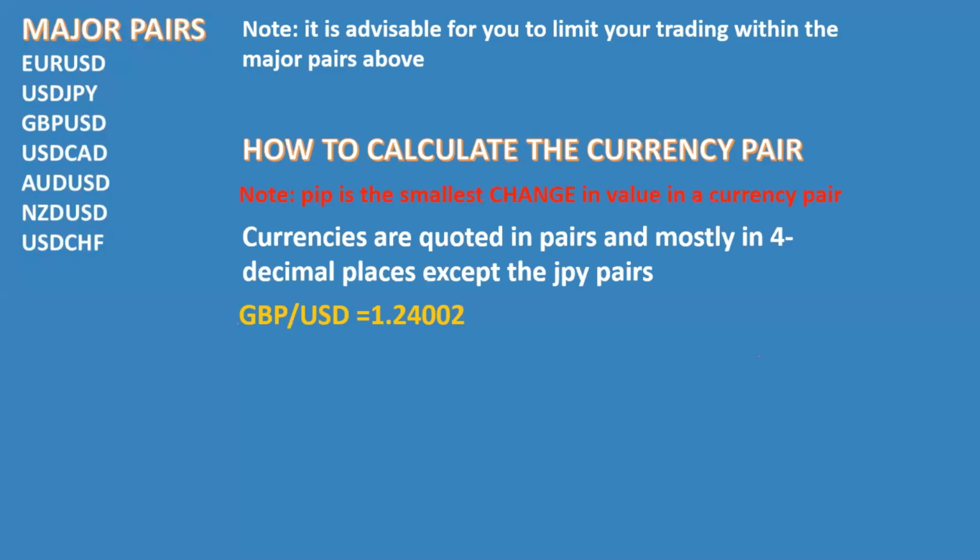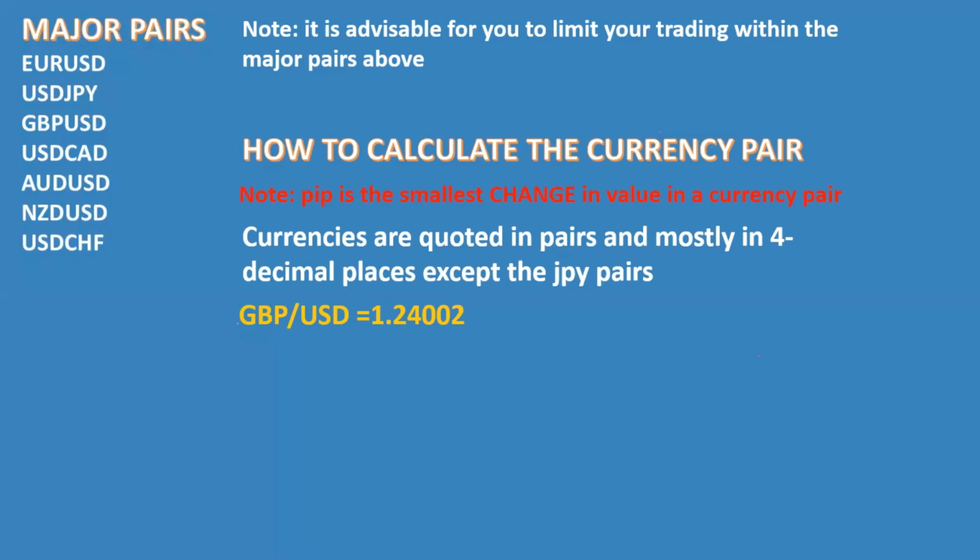What do I mean by currencies are quoted in pairs and mostly in 4 decimal places? Look at what I mean here. This is 5 decimal places, but the last one, the last decimal place here, is not included.